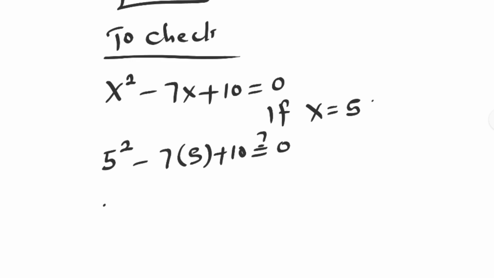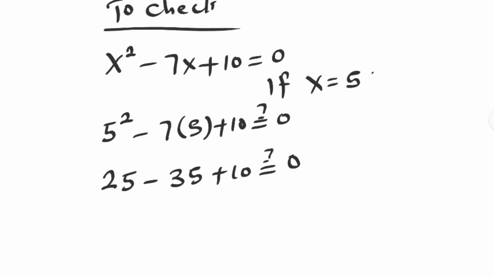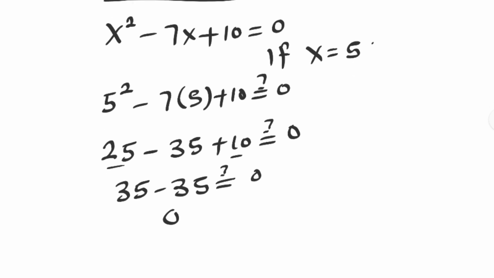Here 5 squared, this is 25, minus 7 times 5, that is 35, plus 10 must be equal to 0. Then 25 plus 10 here, this is 35, minus 35 must be equal to 0. 35 minus 35, this is 0, is equal to 0, which is true.